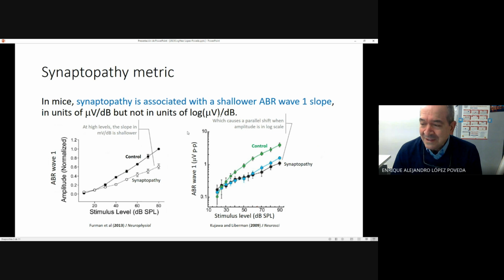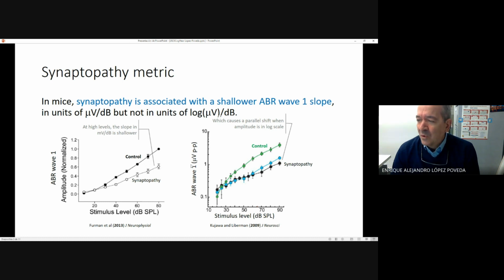Now, as to the question of how to measure it, we just basically followed the studies in mice. We've been using wave 1, the ABR wave 1, as our metric, but instead of using the amplitude for any particular stimulus level, we've been using the slope, so a differential measure.